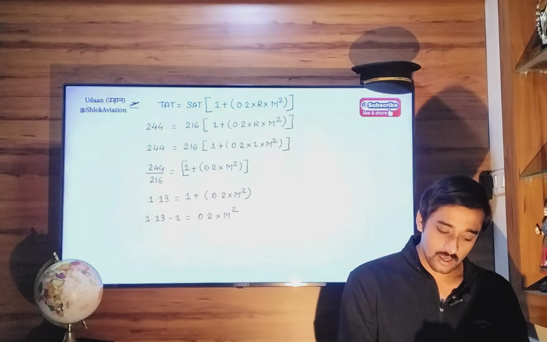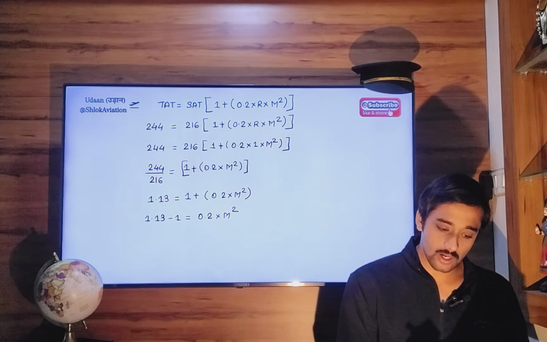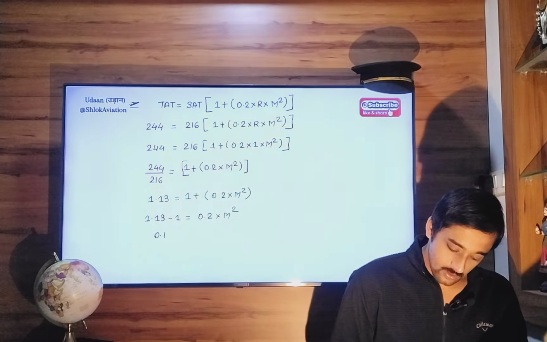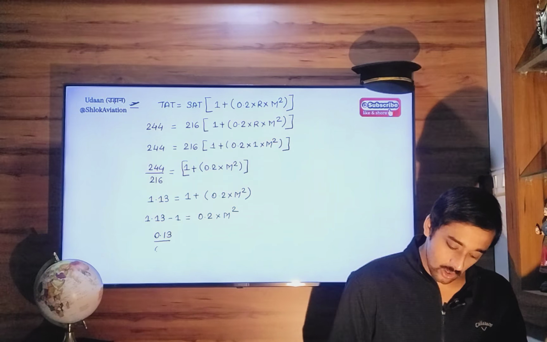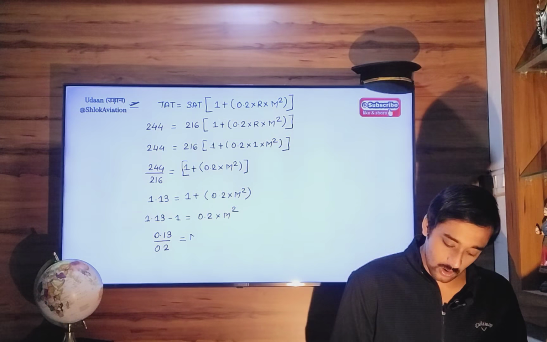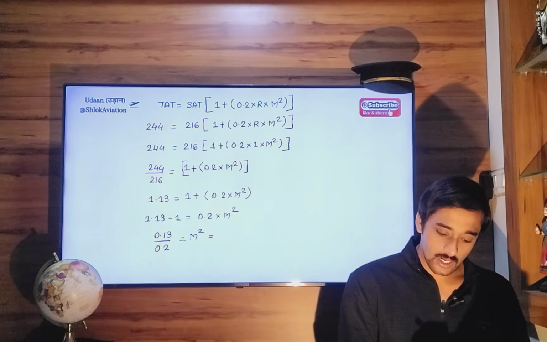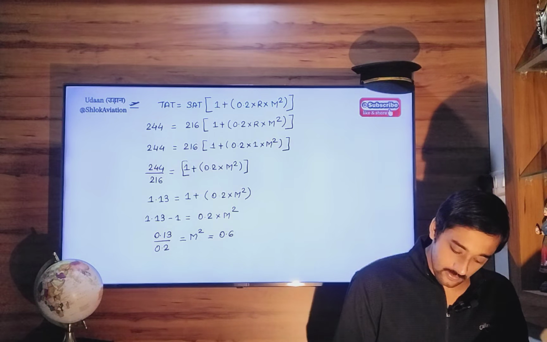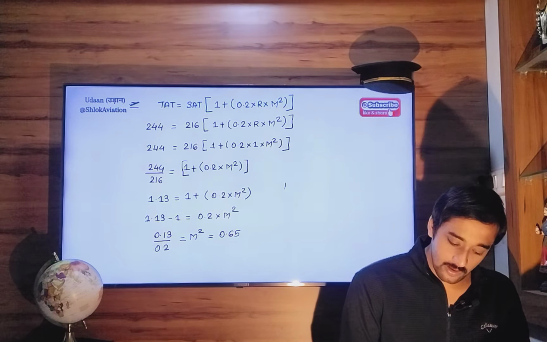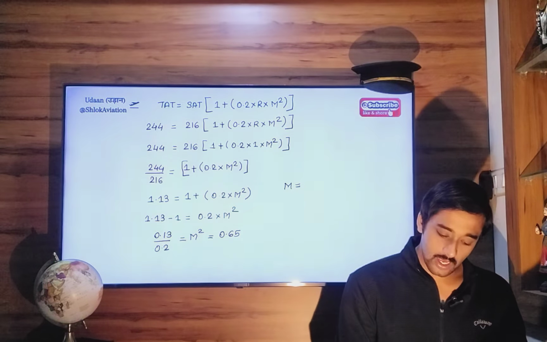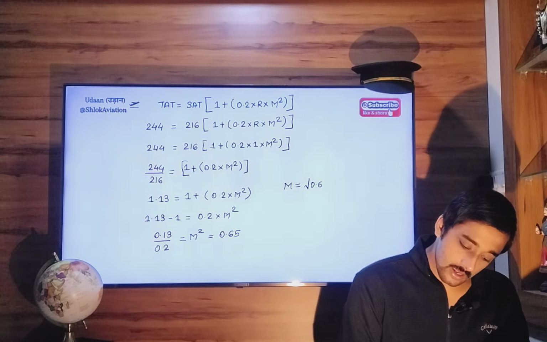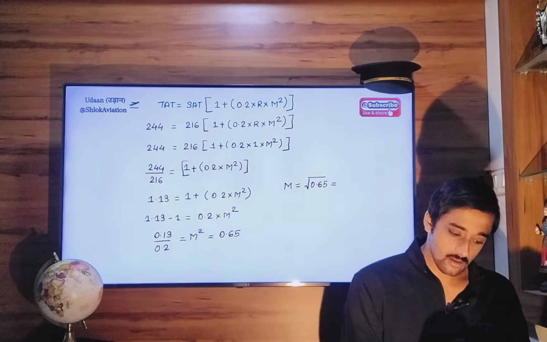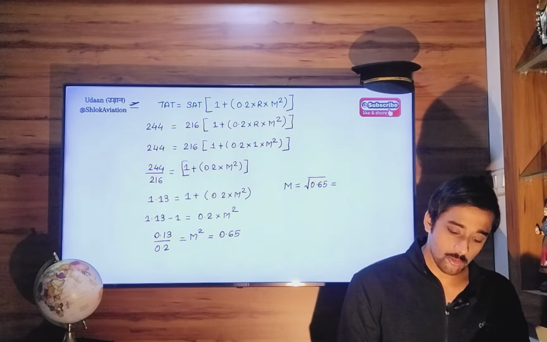So 1.13 minus 1 is 0.13, divided by 0.2 equals Mach square. So 0.13 divided by 0.2 is 0.65. So Mach number will be equal to square root of 0.65, which is 0.8.